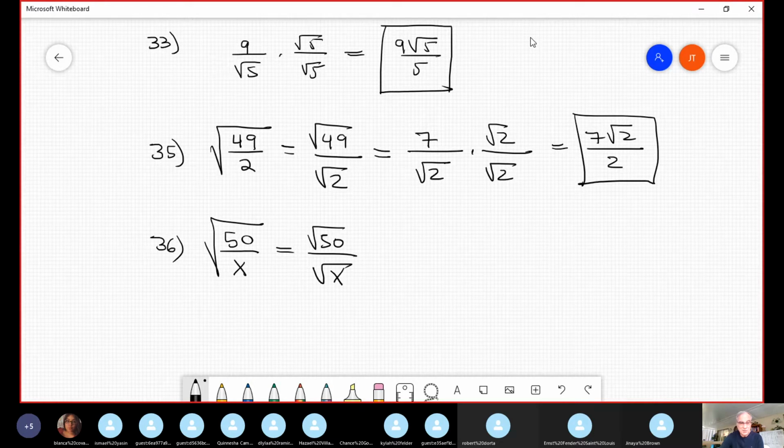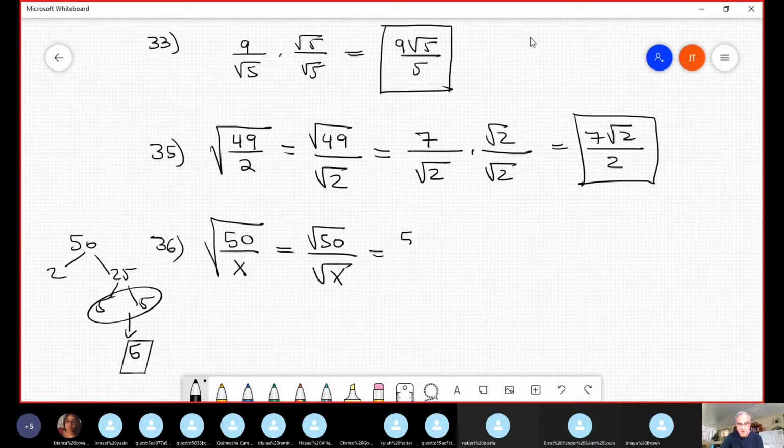Unfortunately, radical 50 is not a perfect square, but radical 50 is 2 times 25, and 25 is 5 times 5. So we have a couple of 5s that represent one 5 outside the radical. The radical 50 is 5 outside radical 2, over radical x.